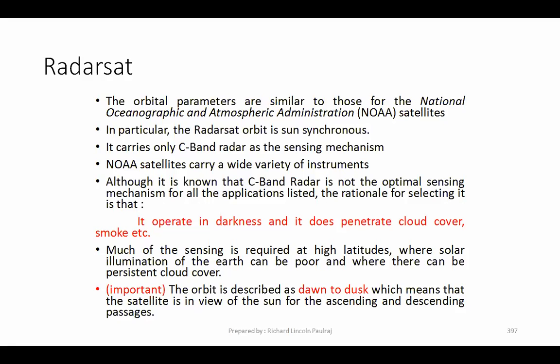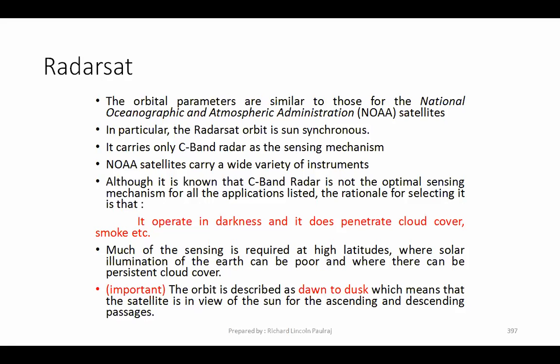The important point that you should remember here is that the orbit is described as dawn to dusk. This means you can always see the satellite with respect to the sun, for the ascending and descending passages, because this is sun synchronous. This is not with respect to the earth.